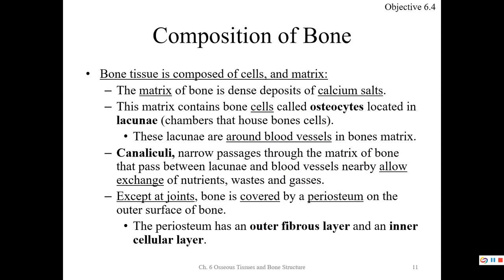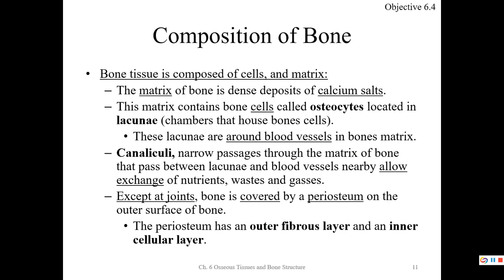Okay. The bone tissue is composed of cells and matrix, which is an important thing that we have in the composition of bone tissue. It's a connective tissue, so it's going to have a matrix. The matrix of bone is going to be dense deposits of calcium salts, which we'll talk about being hydroxyapatite. The matrix has cells in it called osteocytes, osteo meaning bone, cyte meaning cell.